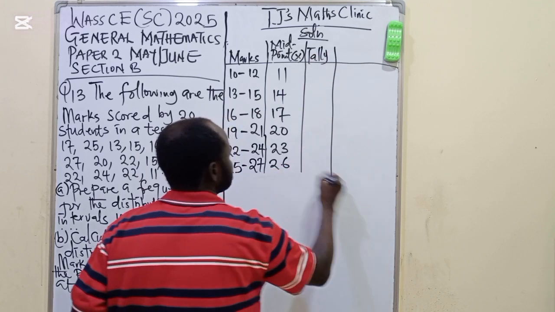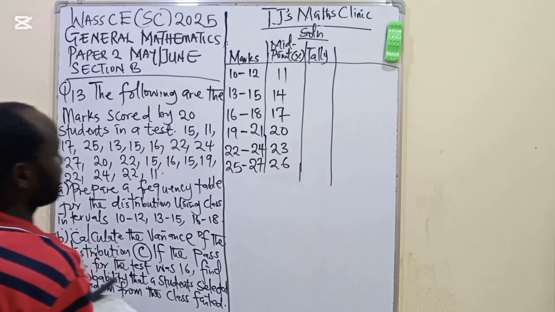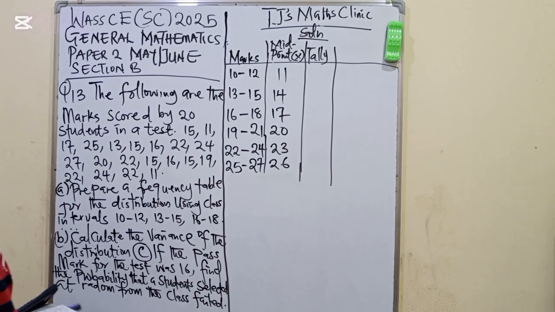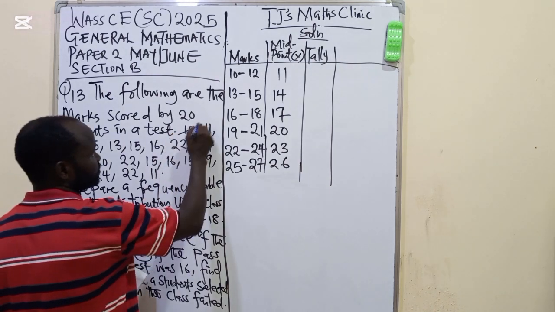Very important. Let's get a column for tally. We start, in modern statistics, we cross this 15.